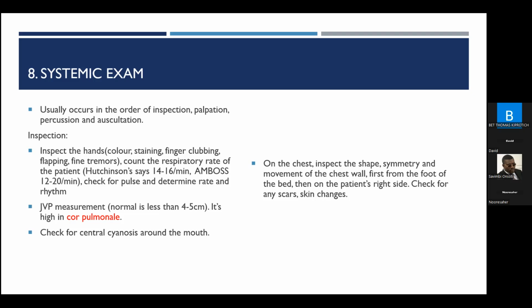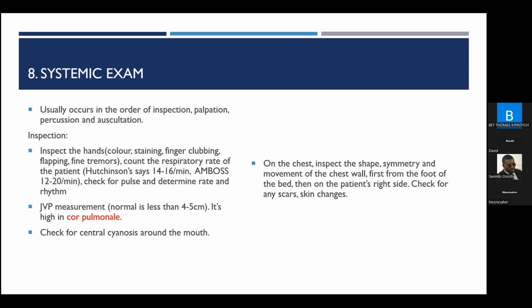You don't let the patient catch on to what you're doing, because a lot of the time, if someone's looking for your respiratory rate and they inform you about it, there's a bit of a discrepancy. You probably start breathing faster or slower than normal. So we want to get as accurate a measure as possible.